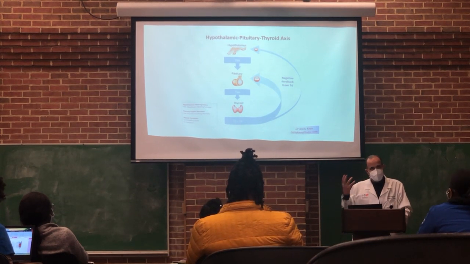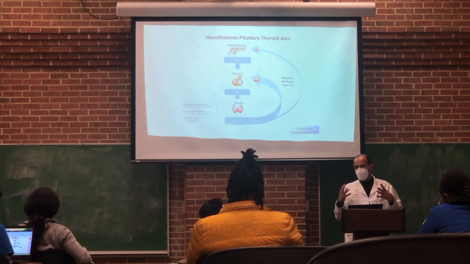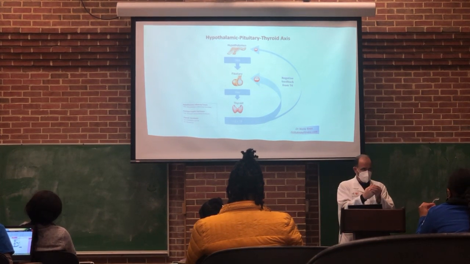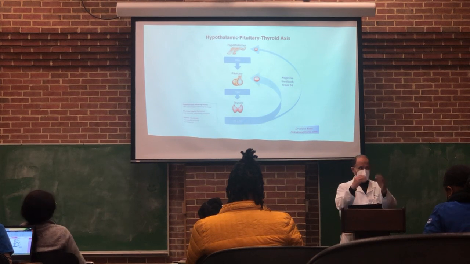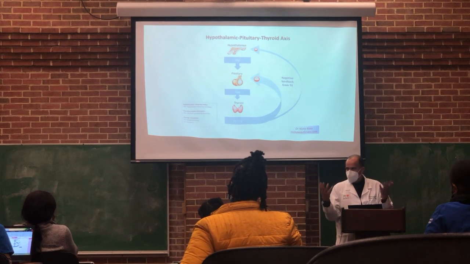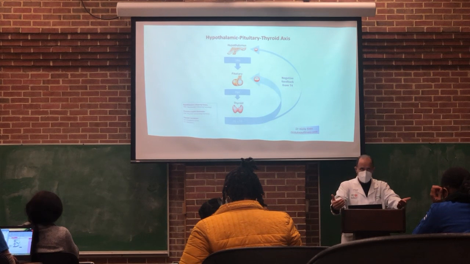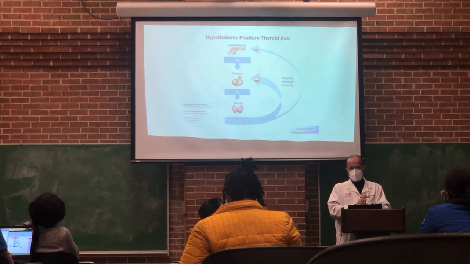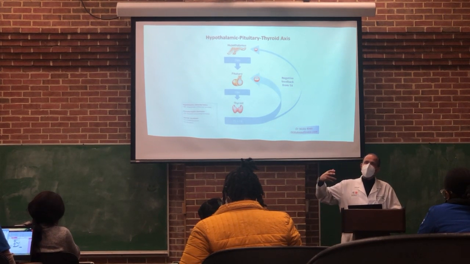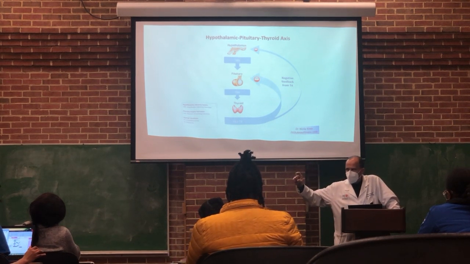Therefore, with this understanding, now suppose we are talking about somebody having a high level of thyroid hormone in the blood. What do we call that? Hypo or hyperthyroidism? Hyperthyroidism. So a high level of thyroid hormones in the blood will cause a low level or a high level of thyroid stimulating hormone?